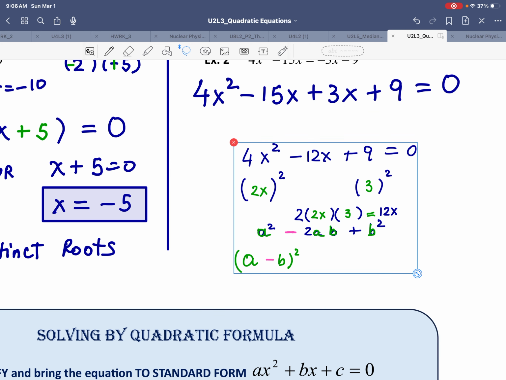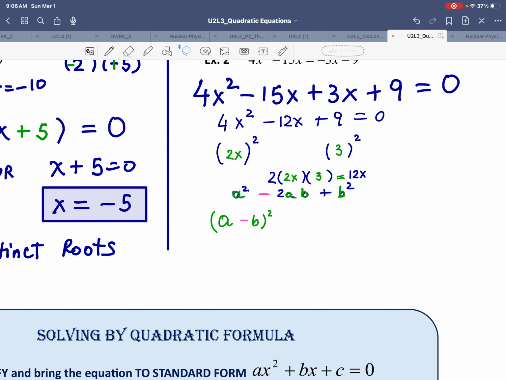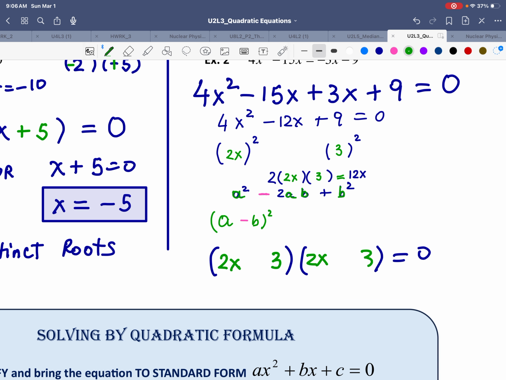Okay, and we're going to factor this as set the brackets. And we know that a minus b squared is simply a minus b times a minus b, with a of 2x and b of 3.